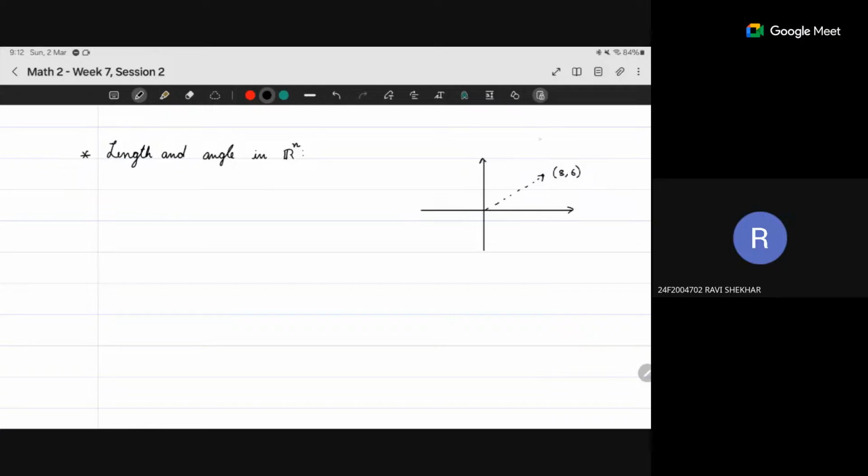So using the thing that you know about R2, what is the length of the vector (8, 6)? Square root of 8 squared plus 6 squared. Square root of 100, and this is actually 10.